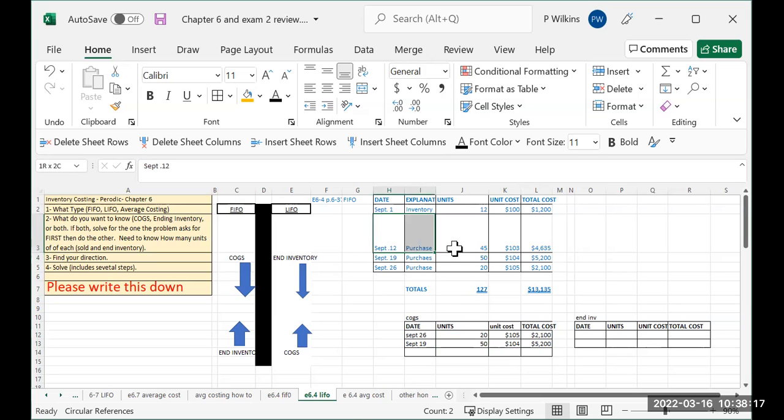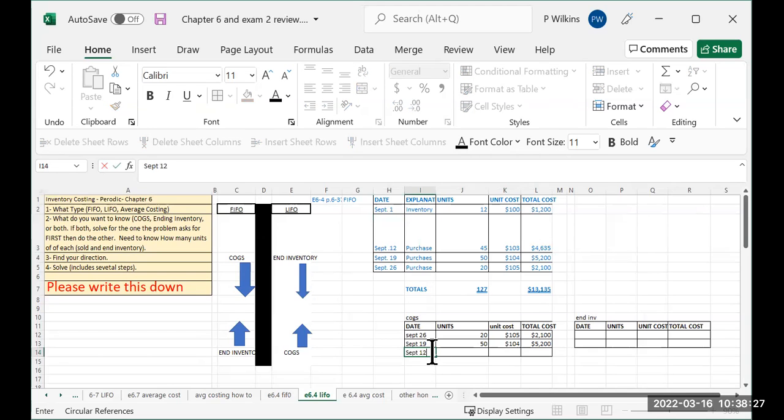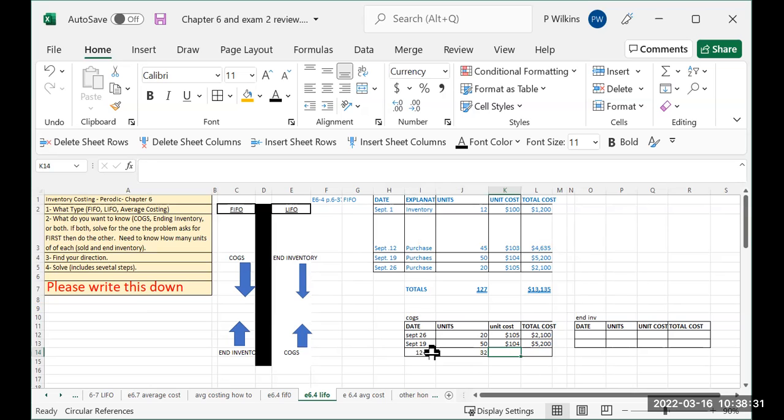So we're going to go to the next line up, September 12th, and we see there's 45 units there, but we only need 32. So we're just going to take 32 of those units at $103 per unit. So 103 times 32 comes to $3,296.